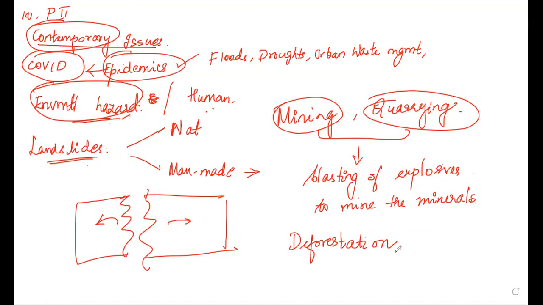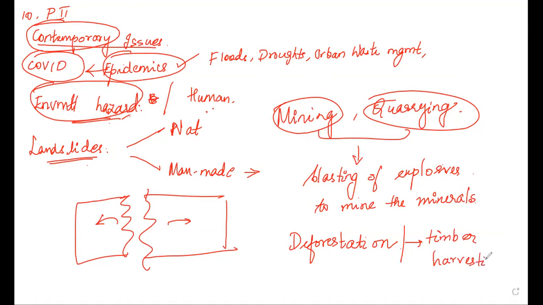We indulge in excessive timber harvesting, like timbering. Timber is used for your regular purposes, your wood, your construction of houses. Commercial timber is also exploited. So excessive timbering or timber harvesting will lead to slope instability.